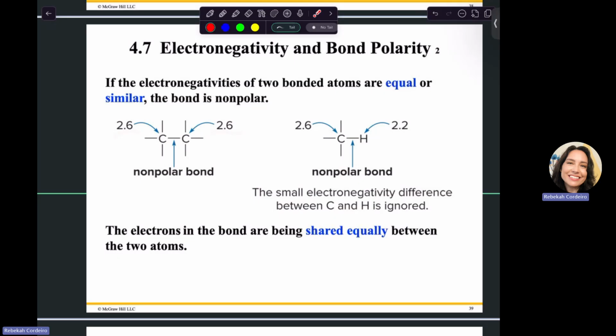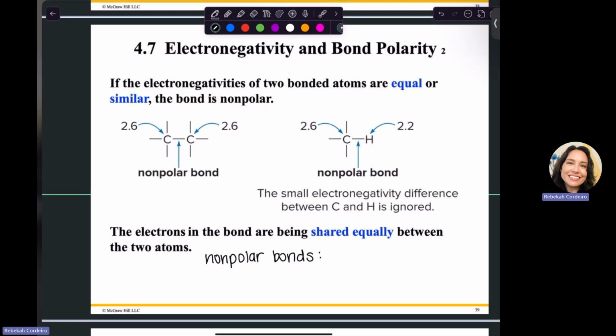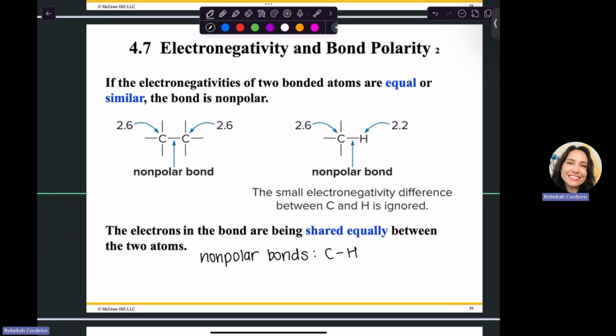Another nonpolar bond, so pretty much for this class, what we're going to learn about for nonpolar bonds. There are more nonpolar bonds than this, but I'm not going to have you memorize all the possible nonpolar bonds. So you're either going to have CH, which I want you to know is nonpolar. That's a really important one, especially for Chem 1152. So CH is nonpolar, and just any bond of two of the same element.